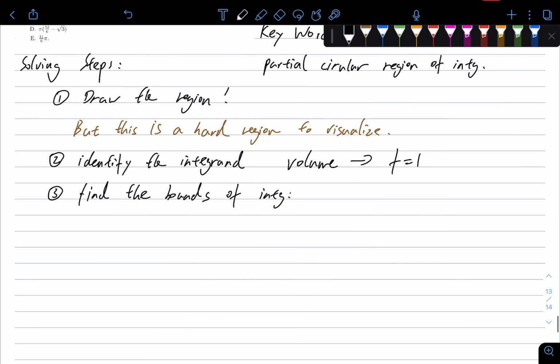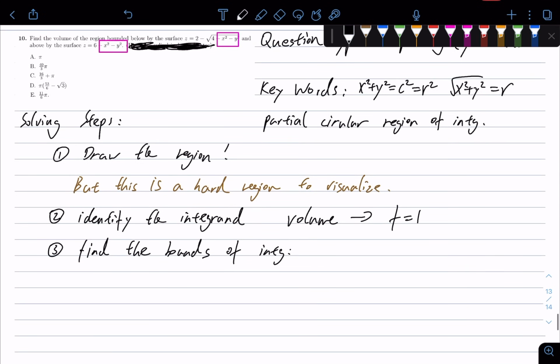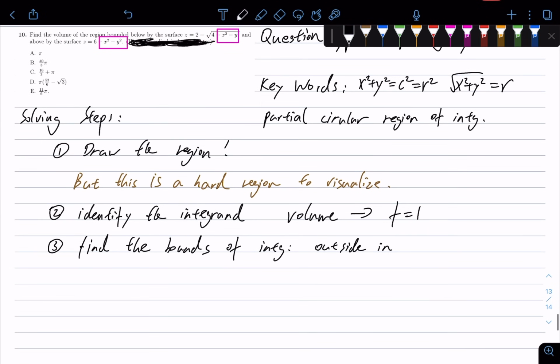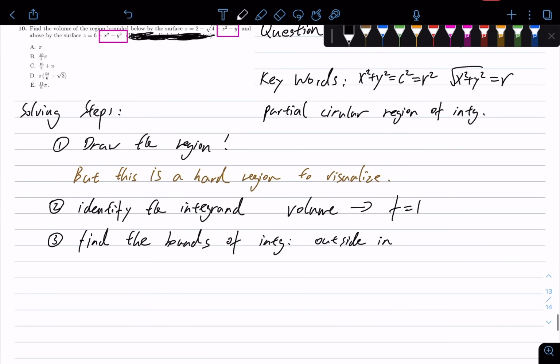My approach for cylindrical coordinates is oftentimes outside in. You can choose to do inside out, but personally I find this one easier to follow, starting from the easy bounds and working my way up to the difficult ones. So we're going to start with the theta bounds.